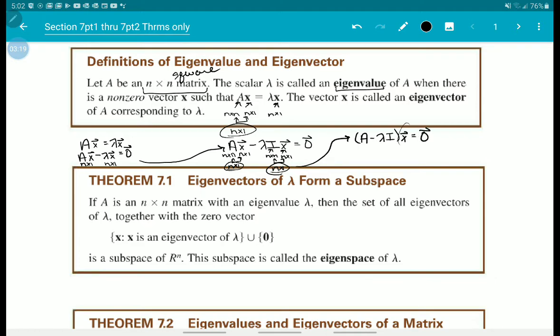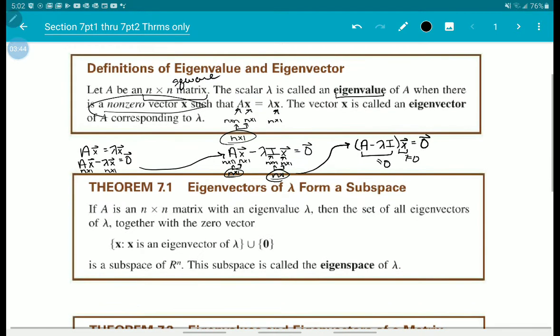In a sense, I'm factoring out that vector, but I can only do that if that subtraction is still defined in that previous step. Now, we already said that x can't be 0, right? It's a non-zero vector. So the only way that this could be equal to 0 is if this matrix is equal to 0.